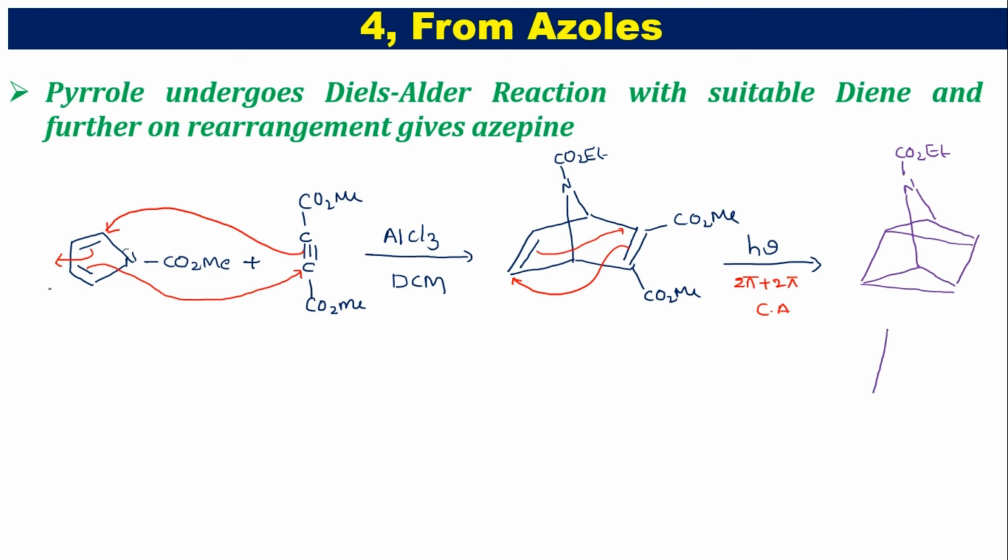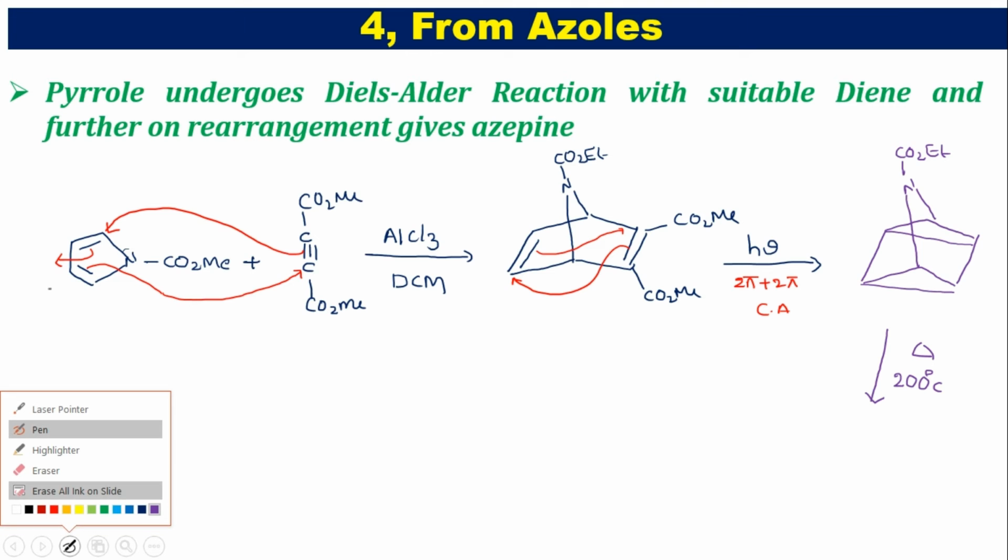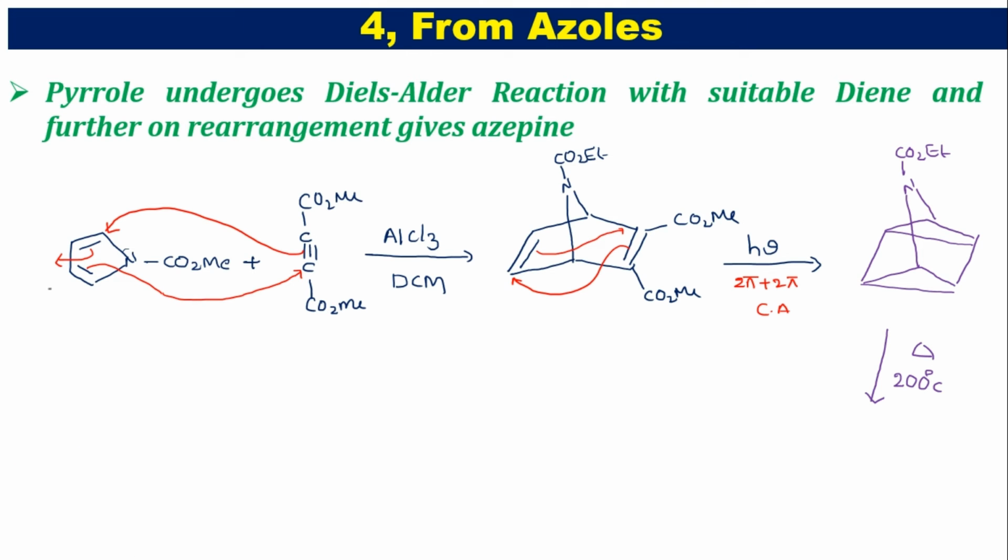Now this intermediate, on heating at 200 degrees centigrade, is undergoing a ring expansion. So this expansion is going to give a 7-membered ring. You observe carefully. Now here I am going to shift this bond to here.